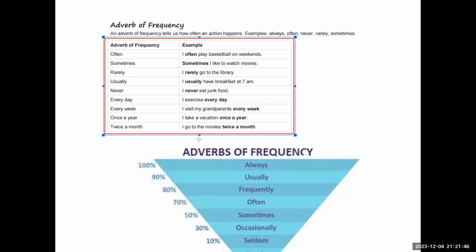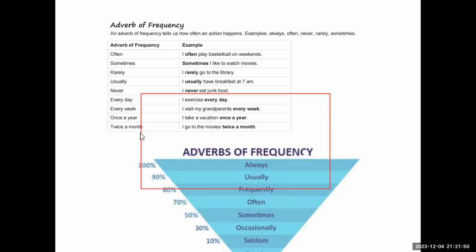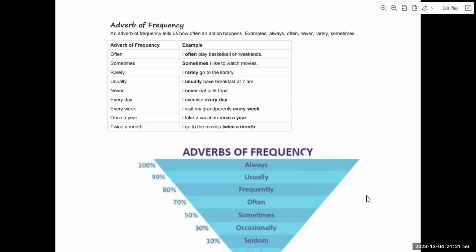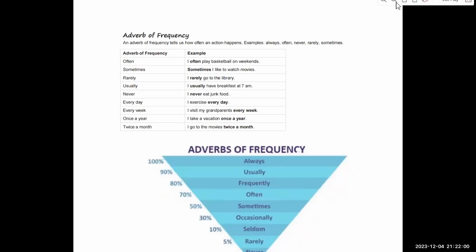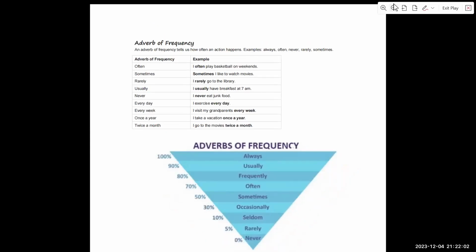Okay, so here, there's an image to see the percentage. As you can see, adverbs of frequency, always is what percent?